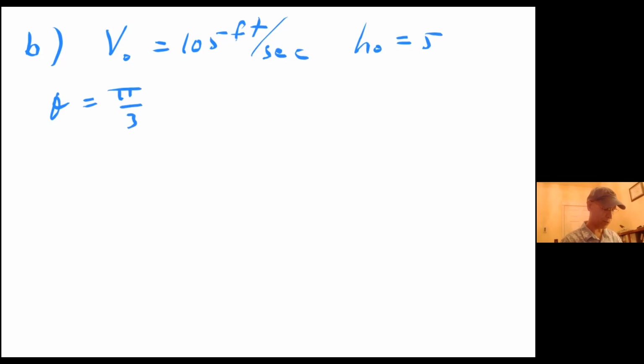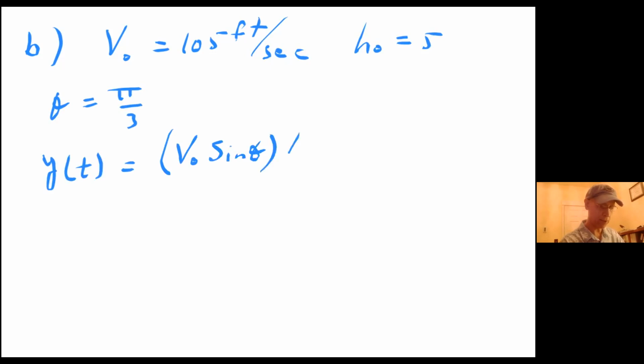So the first thing that I need to do is to calculate dy dx. I know that y of t is given to me in this problem as v naught sine of theta times t minus 16t squared plus h naught.